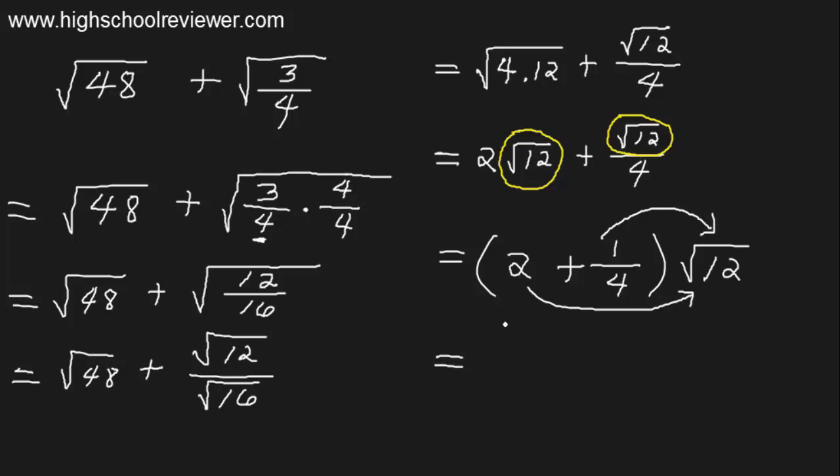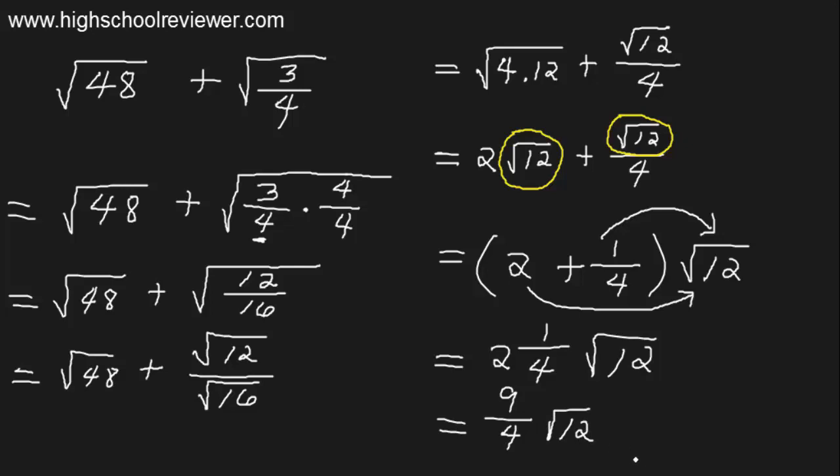So we will have here 2 plus 1/4, that is 2 and 1/4 square root of 12, or 4 times 2 is 8 plus 1, that is 9/4 square root of 12. So therefore 9/4 square root of 12 is our final answer.